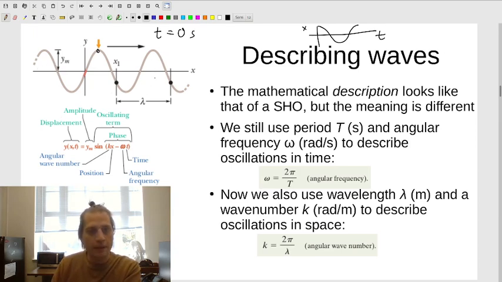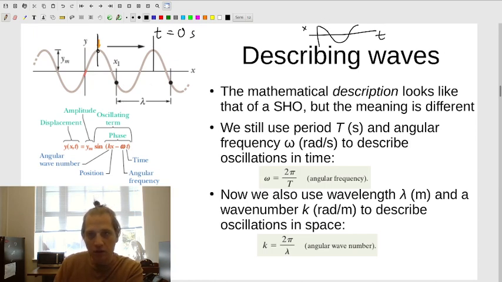And so instead of describing a period, the period was how long it would take, for instance, for this bump to go all the way down to the minus and all the way back up. So that would be a time issue. Here we have an extra piece of information that we have to add into our mathematical description called the wavelength. The wavelength is the distance from peak to peak.